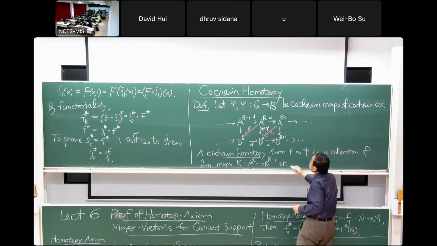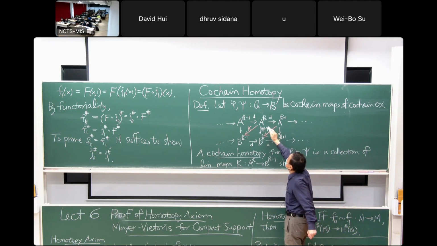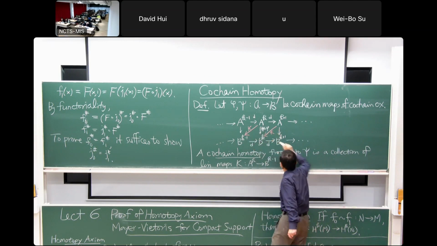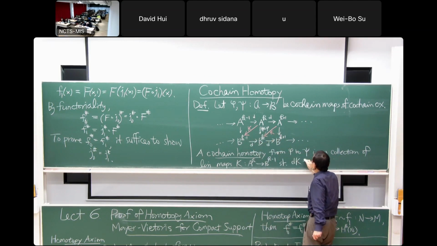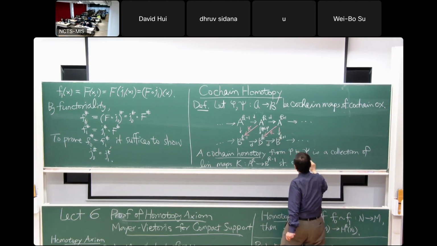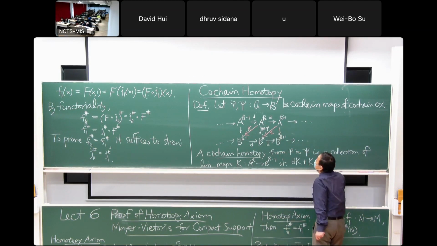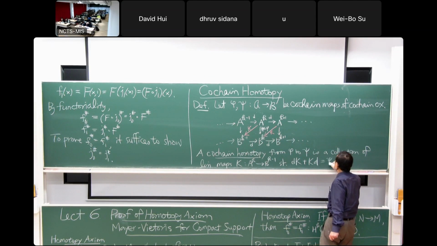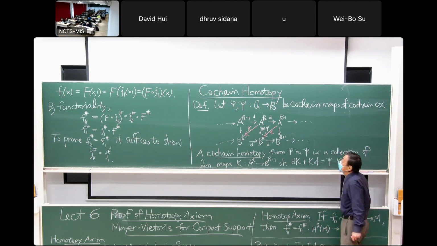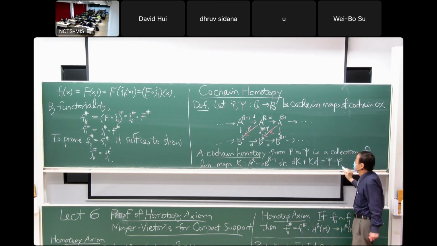So such that dk plus kd is equal to psi minus phi. Okay, that's a cochain map.